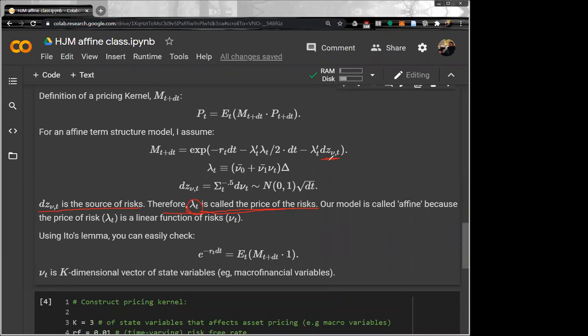And we multiply, right? Our model is called affine because the price of risk is a linear function of this stochastic variable nu_t. And then using Ito's lemma, you can really check this one. The value of $1 at dt time later is of course the discounted value of that $1.